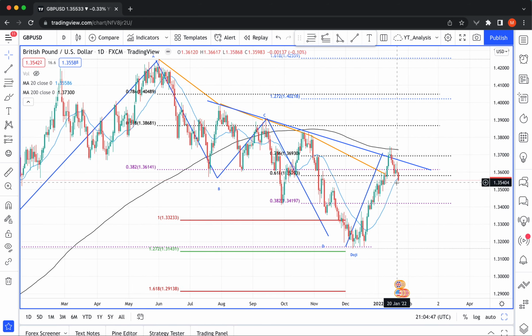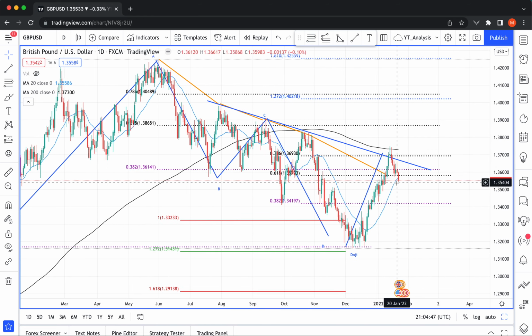One thing we need to be aware of with the GBP USD pair is that what we are looking at is on a daily chart. However, if we look at it on a weekly chart, the long-term pattern formation, when the price moved lower, it had done a 38.2% retracement here of this March 2020 low, and that's quite a nice move.